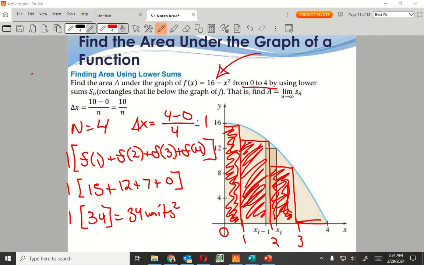So we go with what our interval is, and if delta x is 1, in this case I'd start at 0, and then my next one would be at 1, 2, 3, all the way to 4, and that would be all the corners for my rectangles.